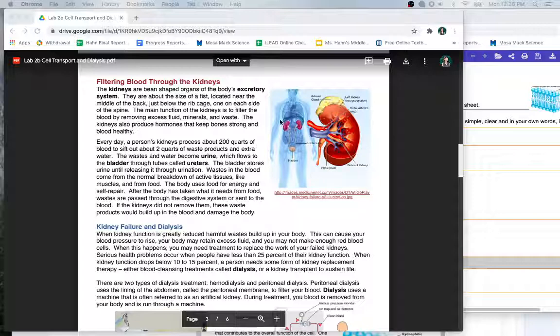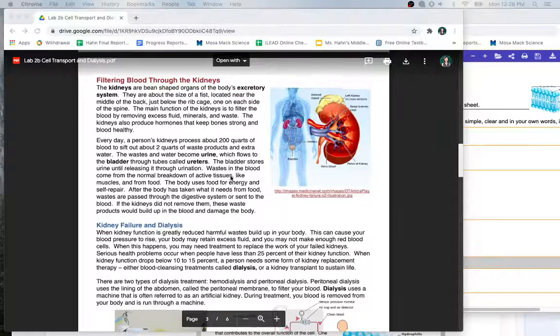Your blood comes through these kidneys, and then the waste gets filtered out through these ureters and goes to your bladder, where your bladder holds it until it fills up, and then you pee out your waste. Here's a close-up of the kidney, which has all these tubes that filter out any waste products from your blood, and then your blood goes back to the rest of your body nice and clean.